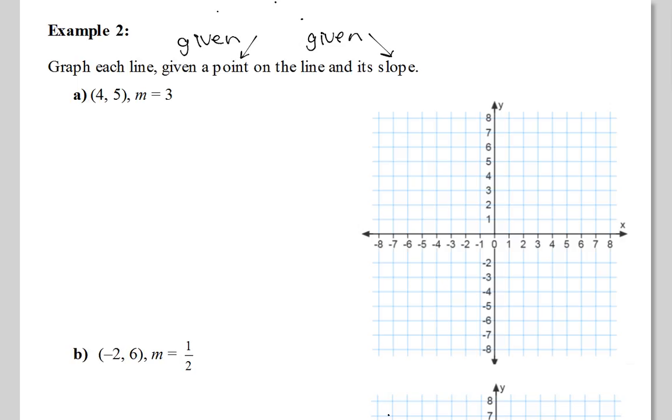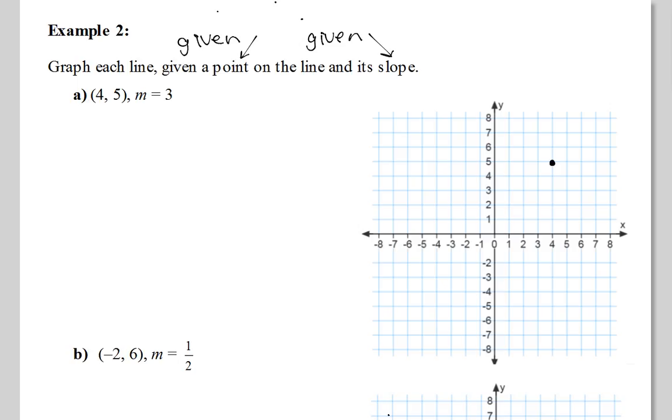So 4, 5, plot that point. Just from marking your exams, there are still a few people in here that do struggle with the graph situation. 4, 5 would be 4 to the right, 5 up.